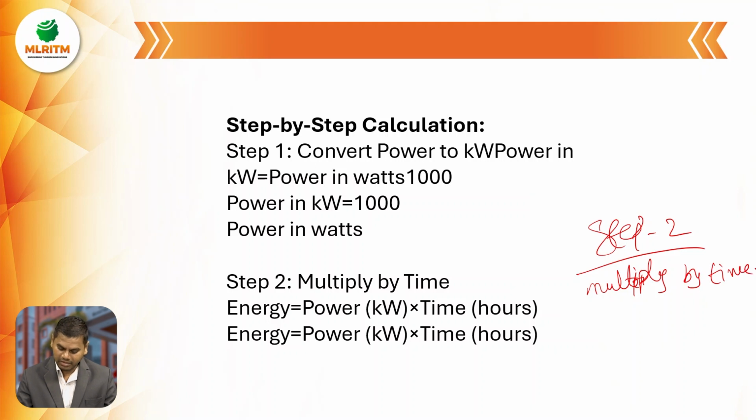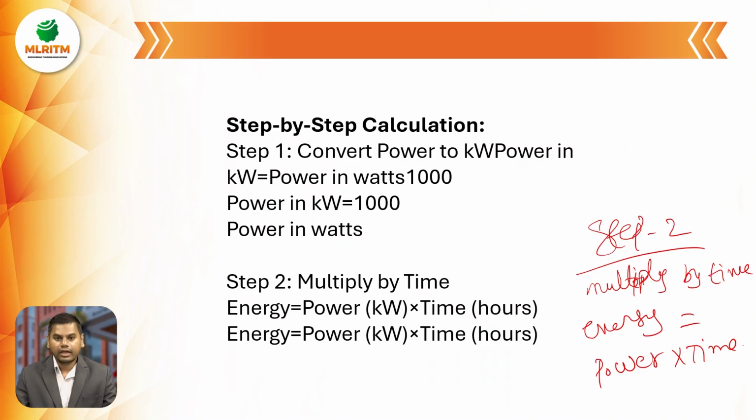So here, multiplied by time, energy is equal to power into time. So here two steps I have taken. The two steps are: first one, convert power to kilowatts. Next step 2, multiply by time. So these are the step by step calculation in energy consumption. Okay.